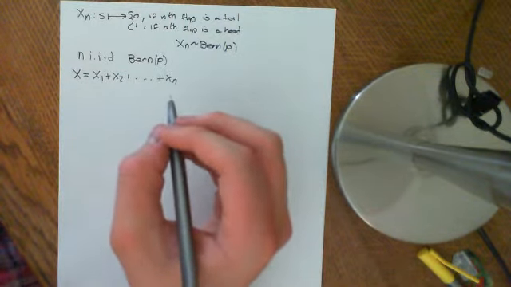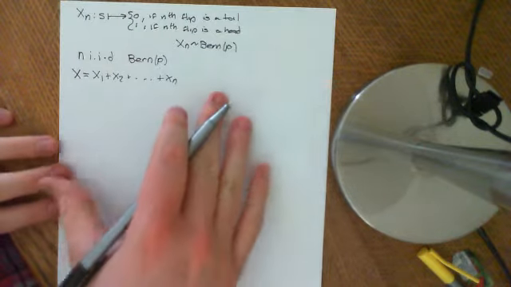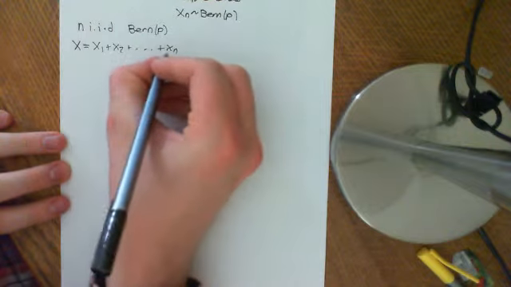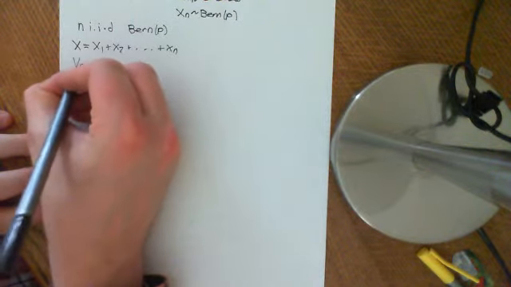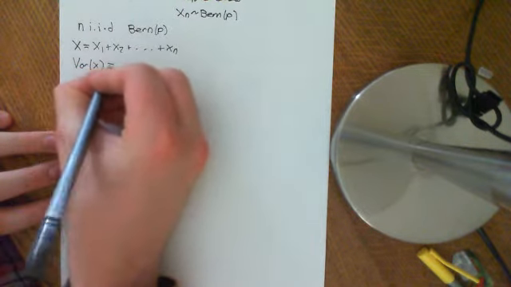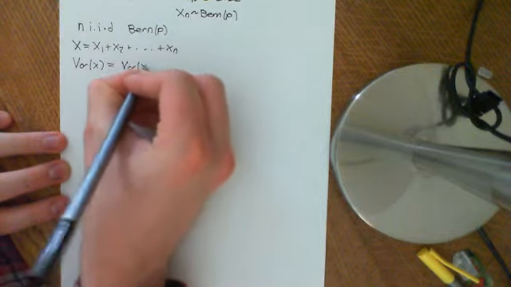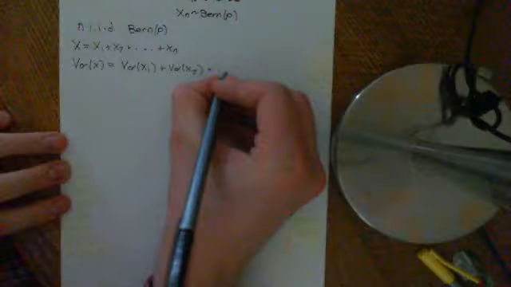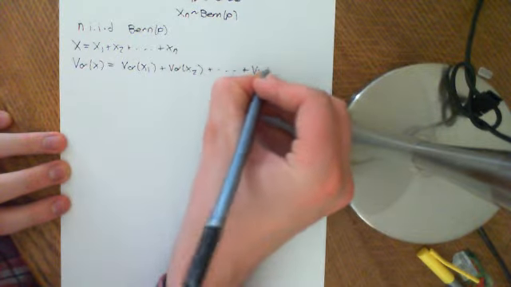Now, if we want to work out the variance, because they are all independent and identically distributed, we know that the variance of x is equal to the variance of x1 plus the variance of x2 plus all the way up to the variance of xn.